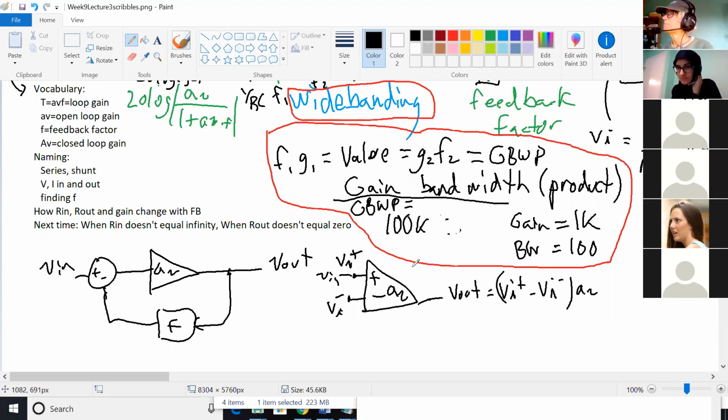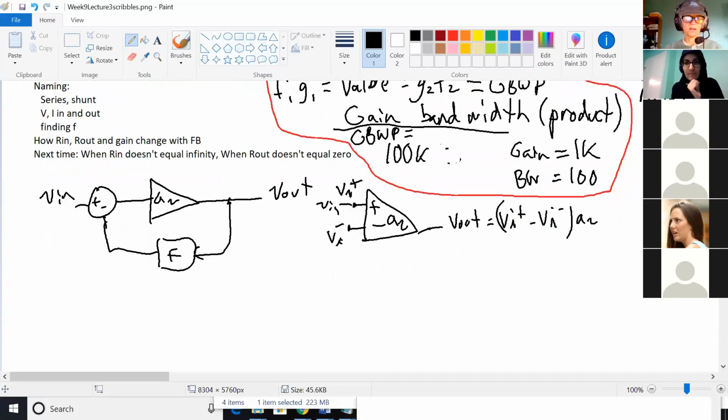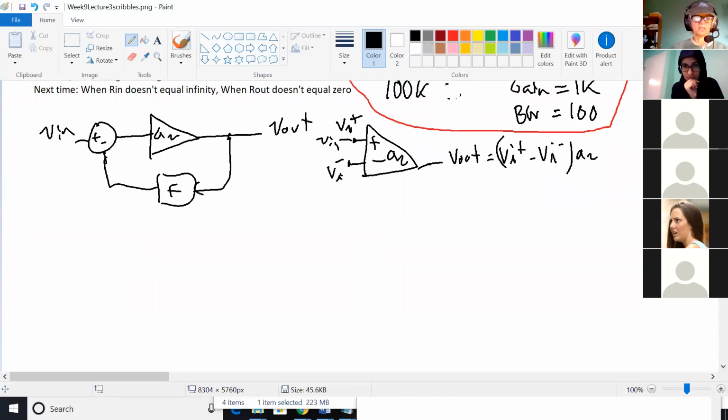This is just breaking it into pieces, which helps make some of the derivations and work easier. So let's look at this. This feedback block takes whatever voltage is on its input, multiplies it by F, and that's the output of the block. So this right here is actually F V out.